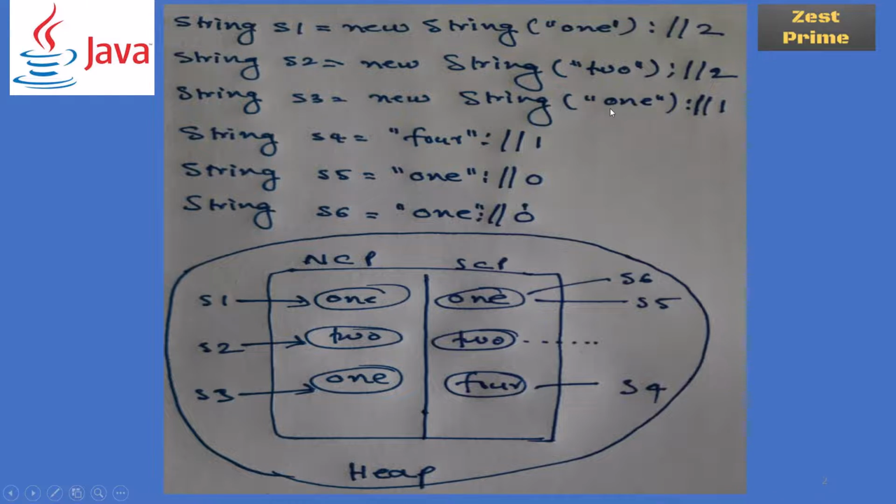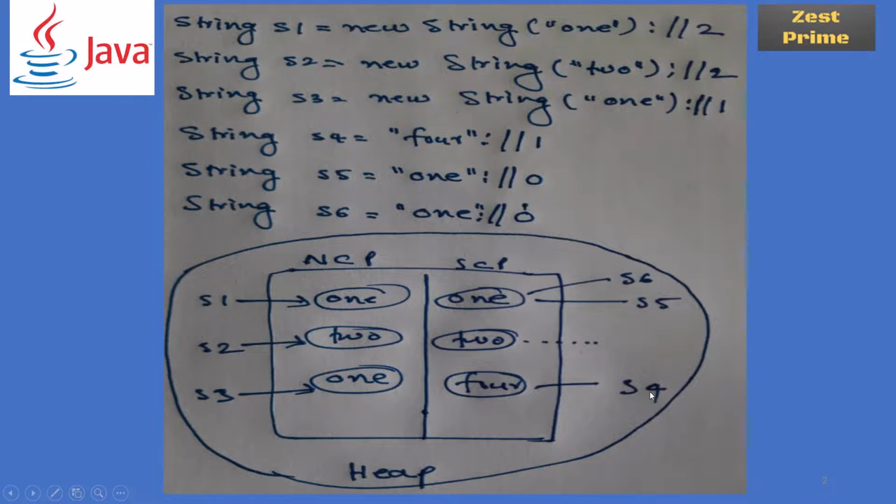It will point to the same content. Okay, now s4 is a very straightforward one. "4" is not there in the heap, so it will create its own object in the string constant pool, because here there is no new keyword. So only one object will be created, in the constant pool, and s4 will refer to that one only.